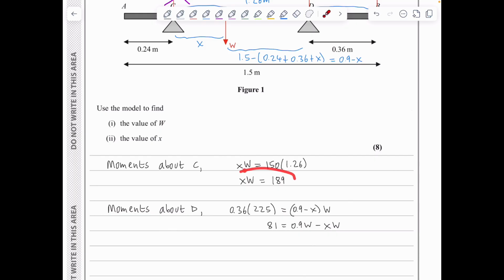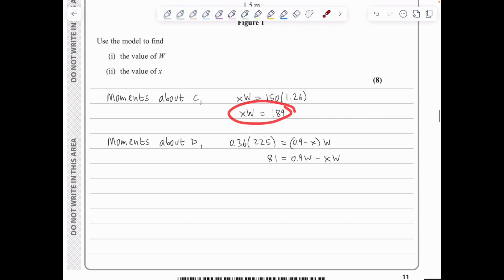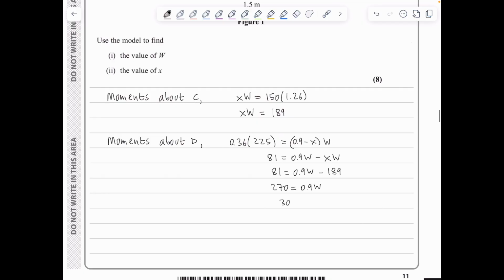Well, we know that xW is 189, so we're looking at 81 is 0.9W minus 189, leading to 270 being equal to 0.9W. Well, if I divide both sides by 0.9, I get that W is equal to 300, and then I can proceed in substituting W with 300. We get 300x is equal to 189, and therefore x is equal to 0.63.